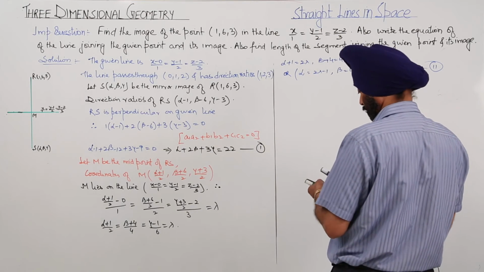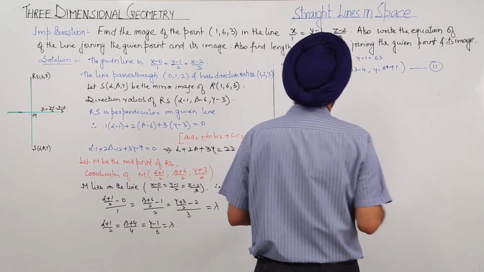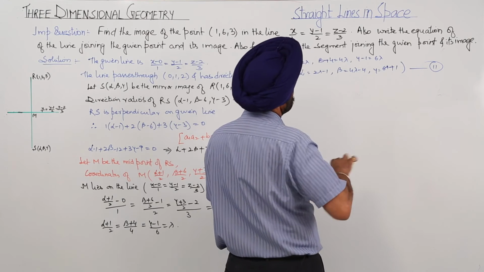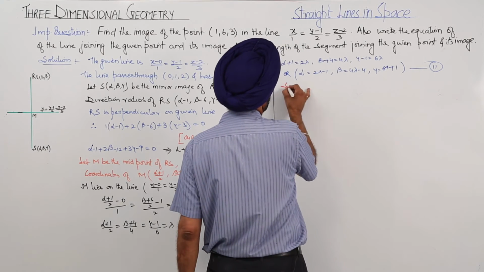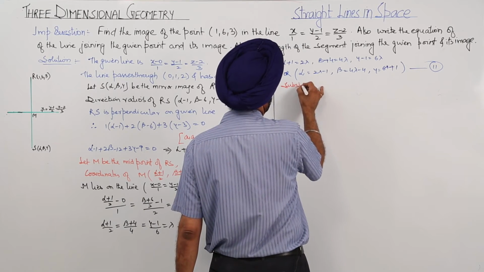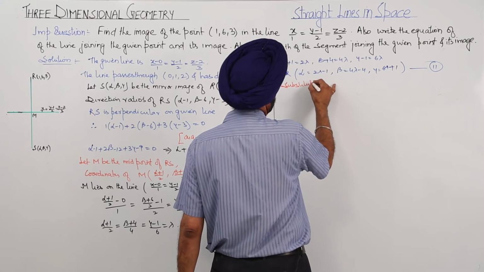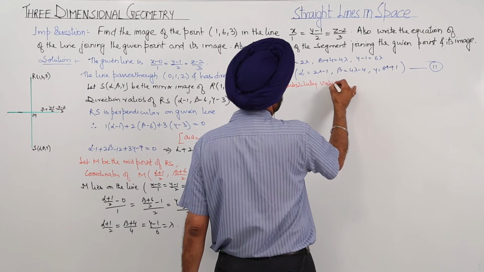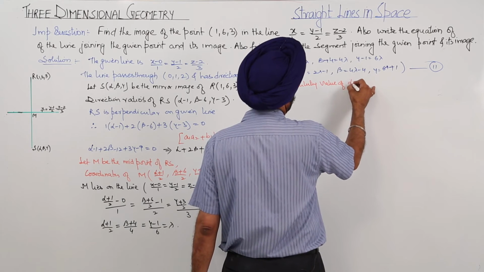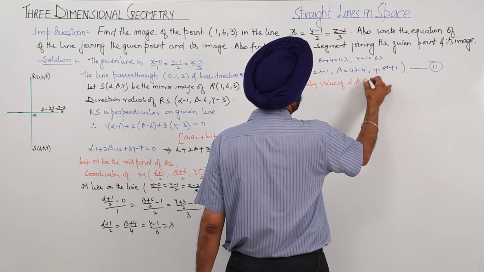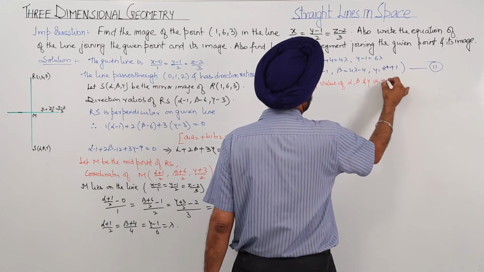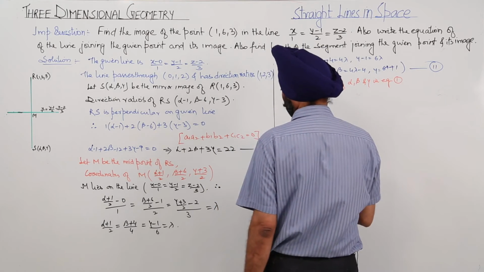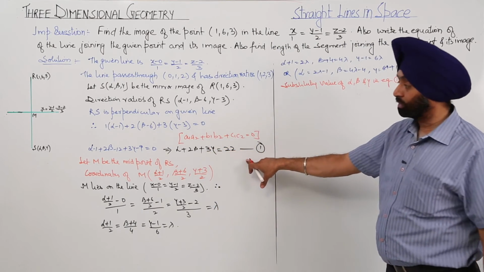Now substituting the values of alpha, beta and gamma in equation 1. Equation 1 is which one? This one.